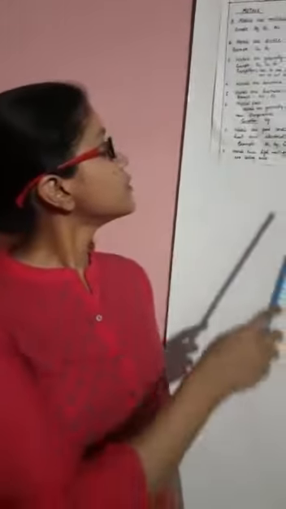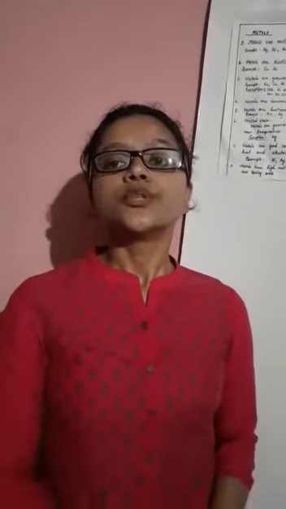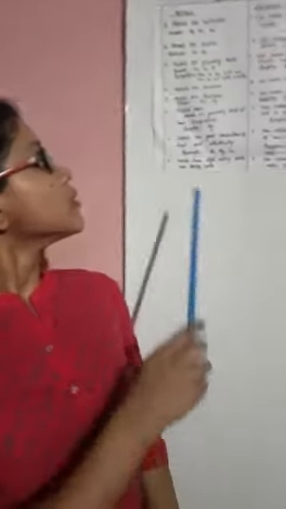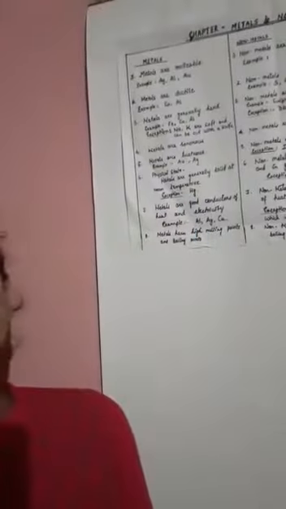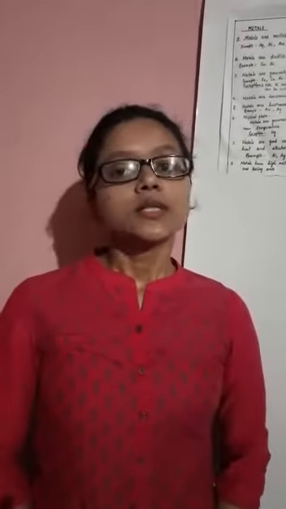The next property we discuss is the physical state. Metals are generally solid at room temperature. Exception is there, mercury. Mercury is the only metal which is liquid at room temperature, and we use mercury in thermometers.